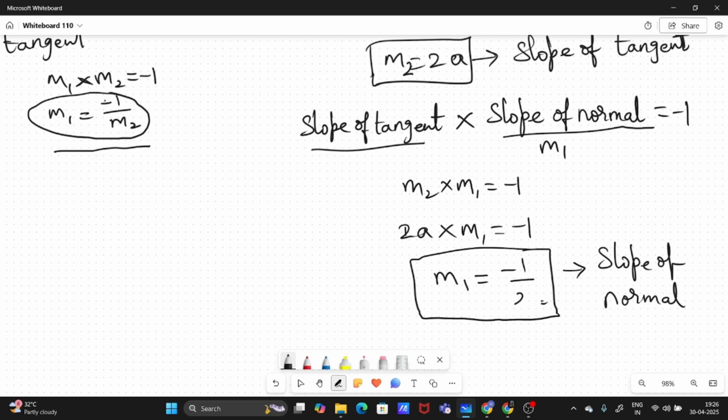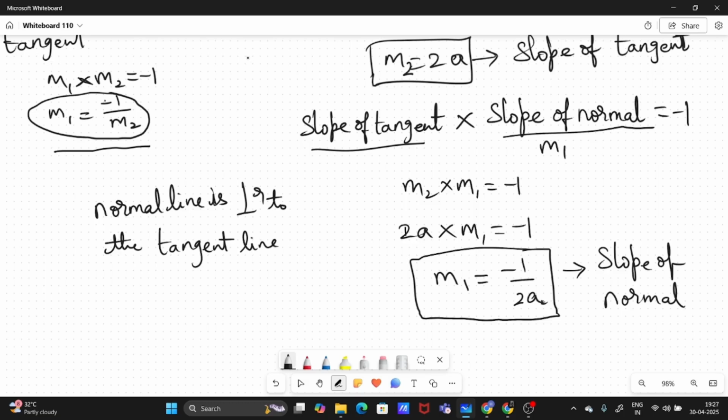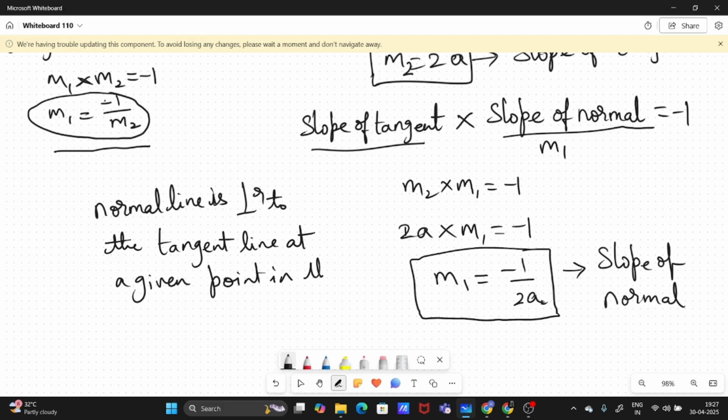If you have any doubt in normal, please tell me, because the normal line is perpendicular to the tangent line at a given point on the curve.